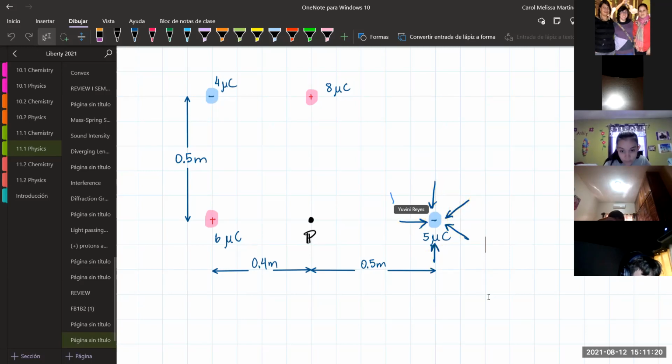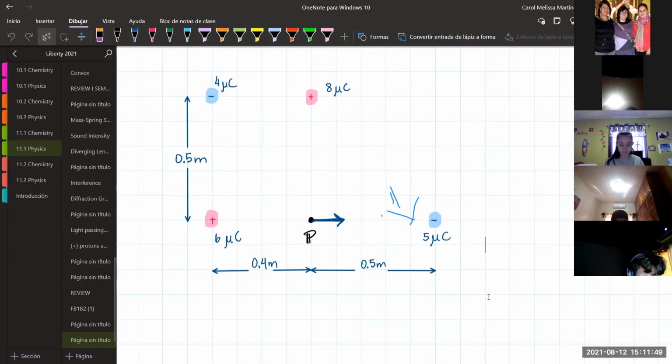What arrow is going to have the same direction? Exactly, this one. So I will copy this arrow and extend it until I touch the point P. This is going to be my electric field due to the last particle.